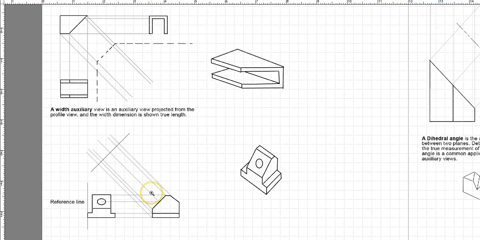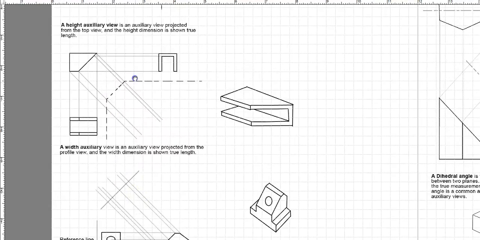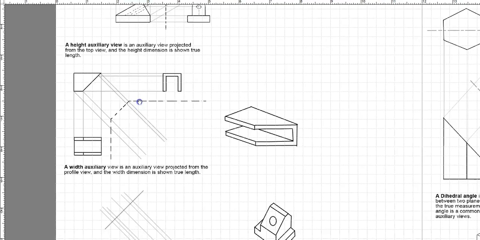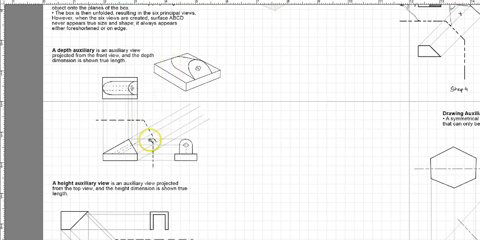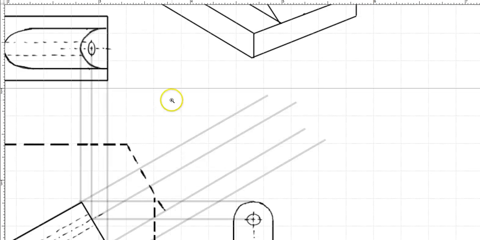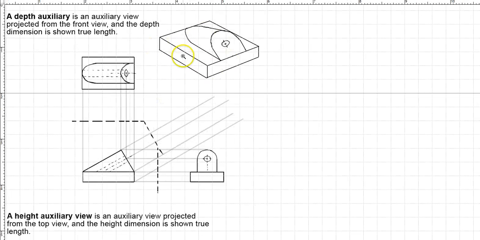Everything else still remains the same, but it depends on what principal view you have an inclined surface, and that's what you are going to be using to draw the auxiliary view, either the front or the width or the height. Okay, so let's look into this one, which is similar to what we did over here. We have the isometric view of the object, so you can visualize how it's going to look.